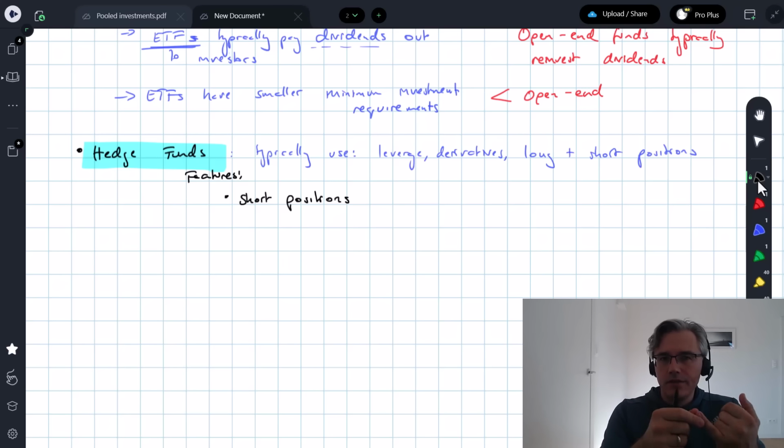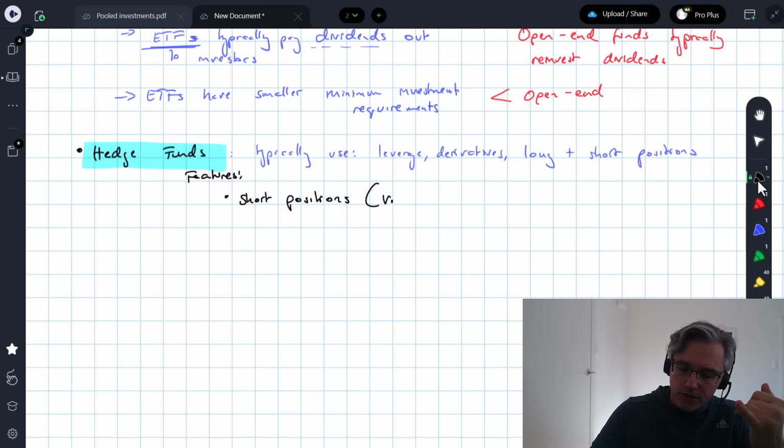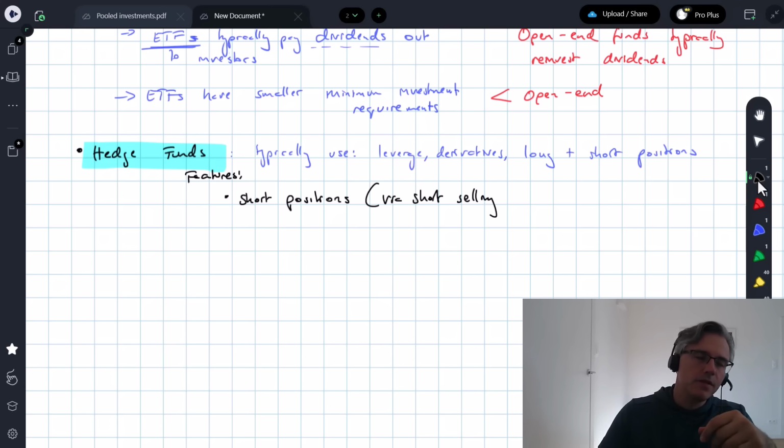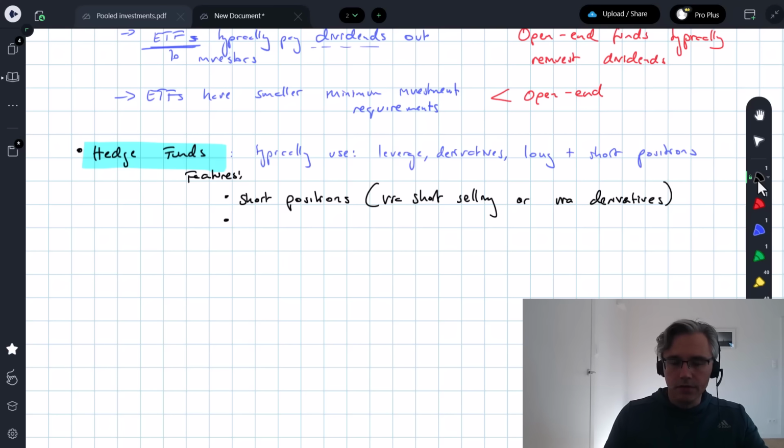This can be done directly via short selling, where you borrow securities and sell them in the market, and when the price drops, you have to buy them back and return them to the original owner. Or you can do it via derivatives, which is synthetic. And we talk about it in the derivatives section of the curriculum.